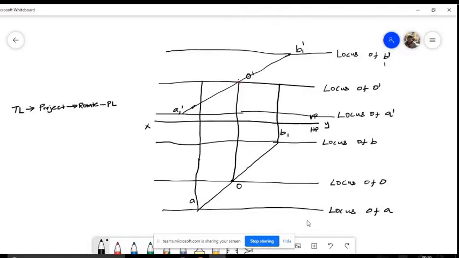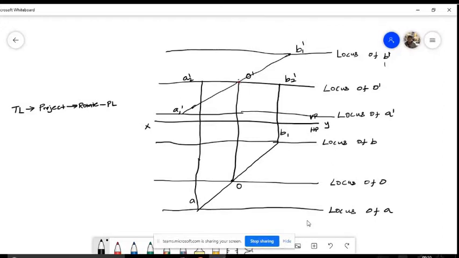Okay. So let's name this as B2 dash and A2 dash. Any doubts till this? No, sir.